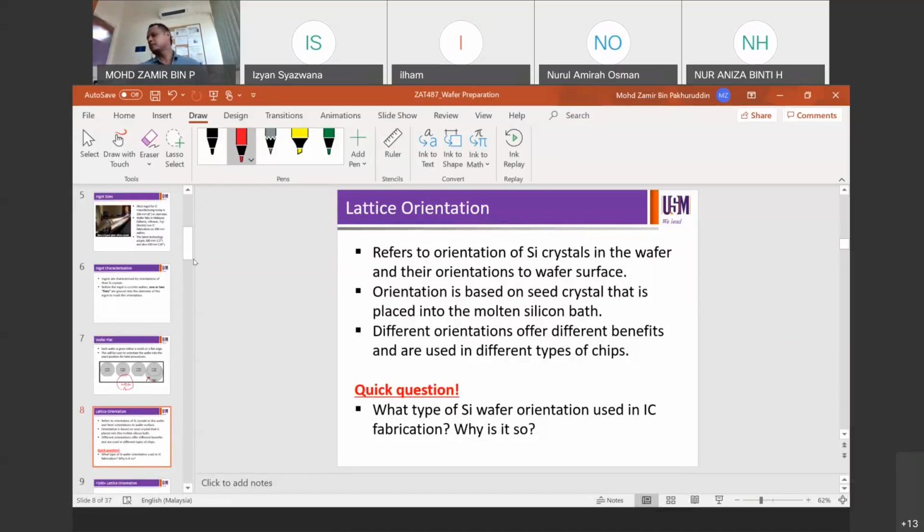Yishin, what's your guess? We need to fabricate transistor now. Do we use 100 or 111 or some other orientations? Assuming you're running a CMOS fab. Anything, Yishin? 1, 1, 0. So we now have a variation of answers.